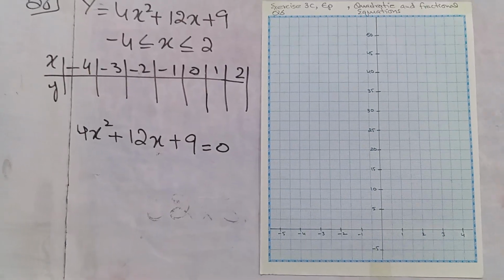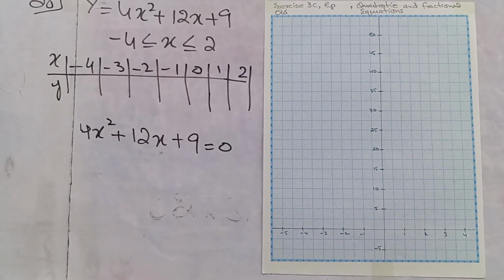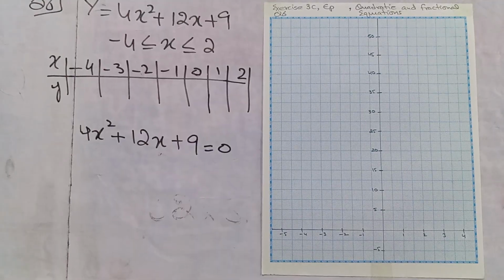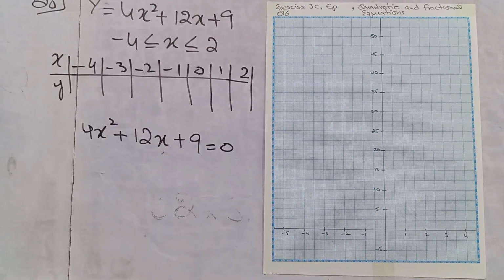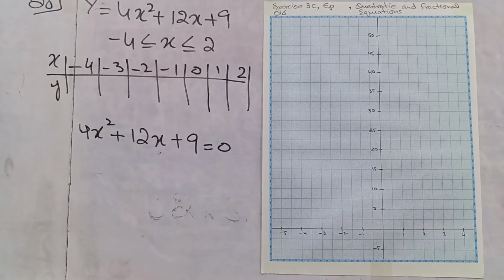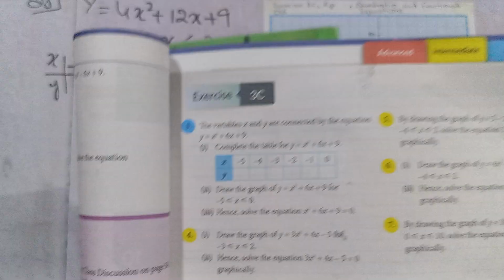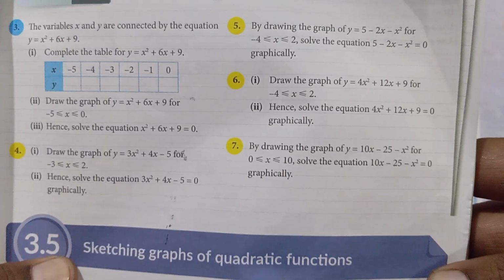Okay, so on your screen now the question number 6 is showing up. Let me show you the question number 6 from the book as well. This is the 3C exercise. I hope you can see the question number 6.